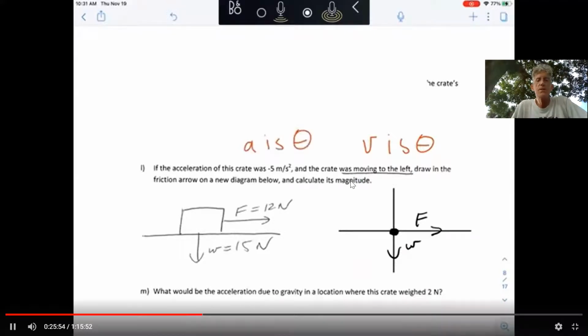So I did that wrong up there. As I'm remembering, the net force would equal the friction minus the force. So we've got to fix that.